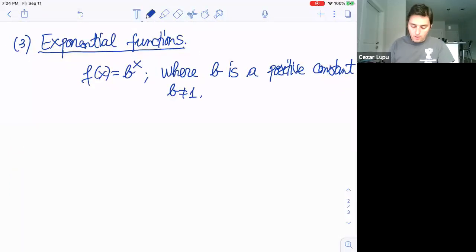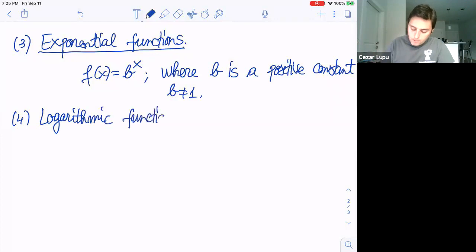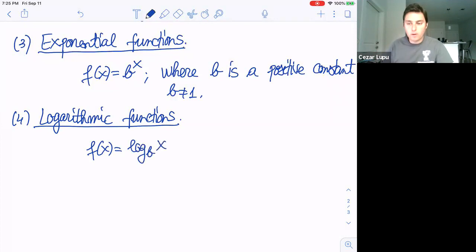Okay, now in pair with this, and you will see that both of them will be very, very important because one of them is the inverse of the other, the logarithmic function. The logarithmic functions will be given by f of x equals log in base b of x. That's how we read this.